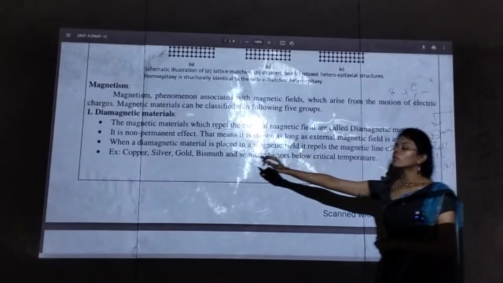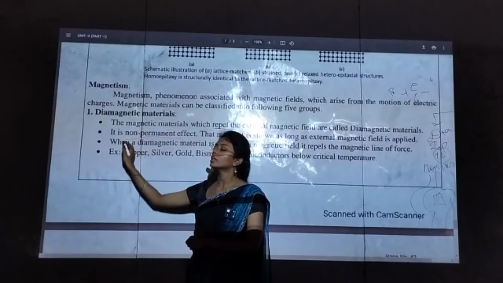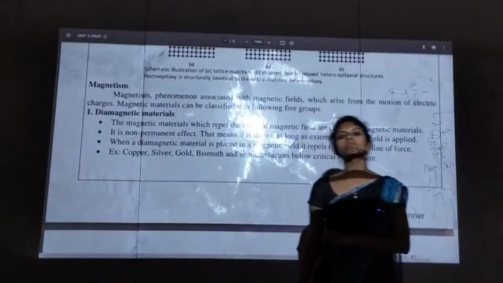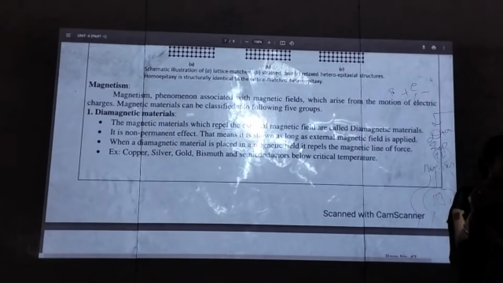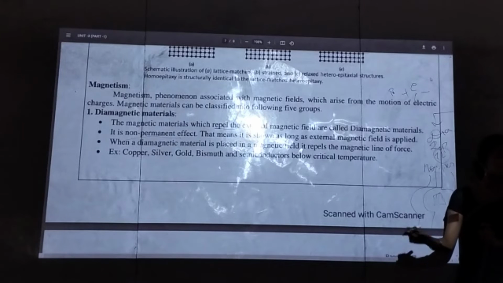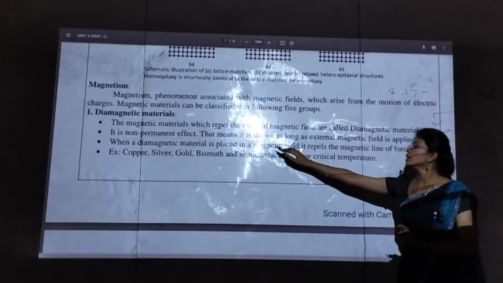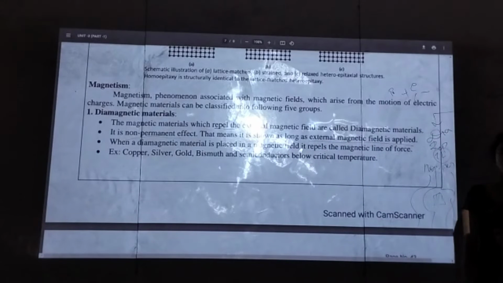Now, the second one: is it a permanent or non-permanent effect? It is a non-permanent effect. When I say it is a non-permanent effect, that means as long as you apply the external magnetic field, it shows its effect. If you stop applying, it is not showing. So it is shown as long as the external magnetic field is applied.